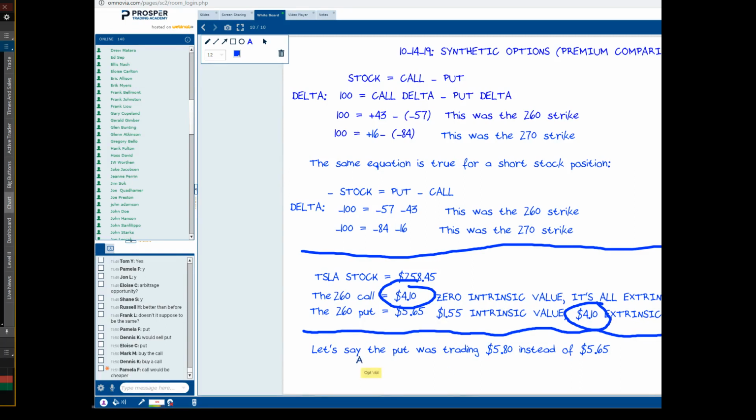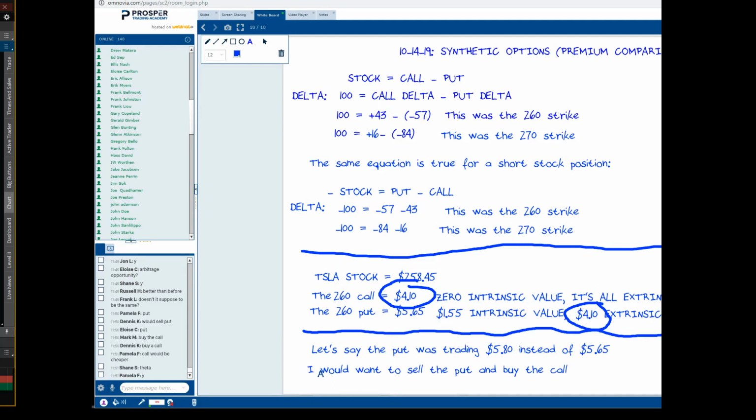Right, the call would be cheaper, Pamela. So if the put was 580, I would want to sell the put and buy the call, right? As my arbitrage opportunity. Because there's more premium in the put than there is in the call.